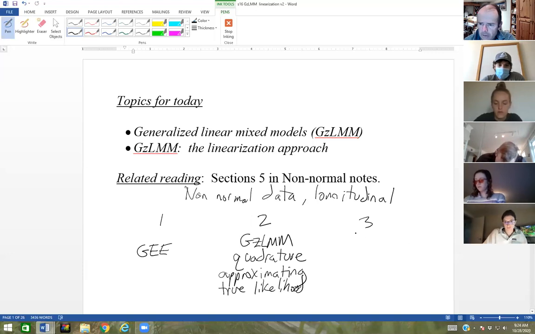And we're going to learn today about how to fit a generalized linear mixed model using the linearization approach. We also call this pseudo likelihood.